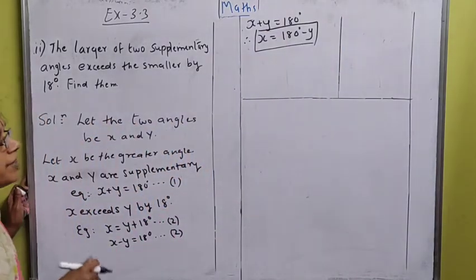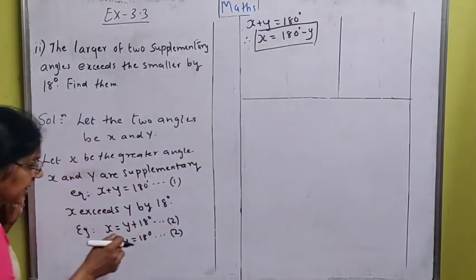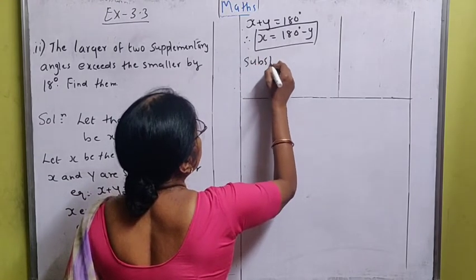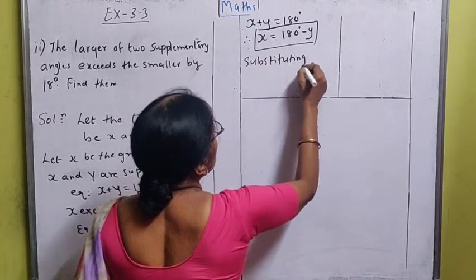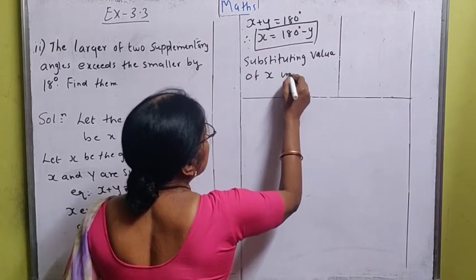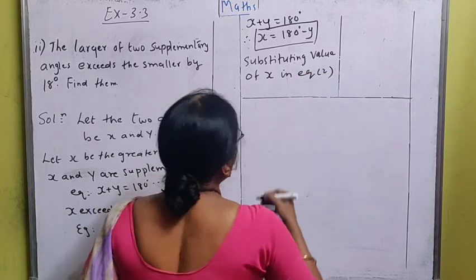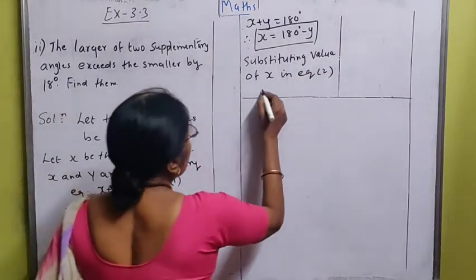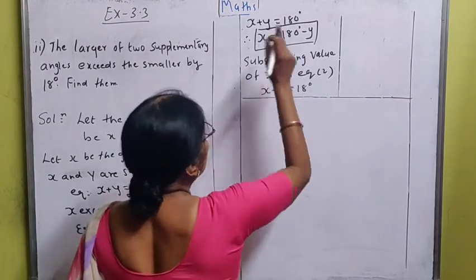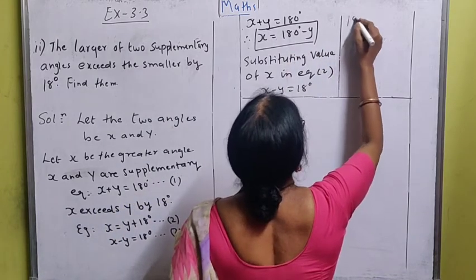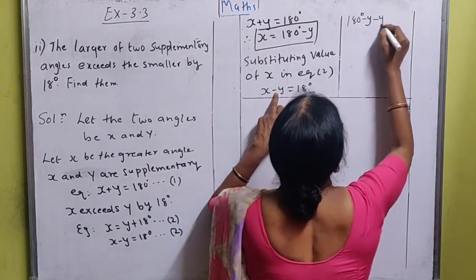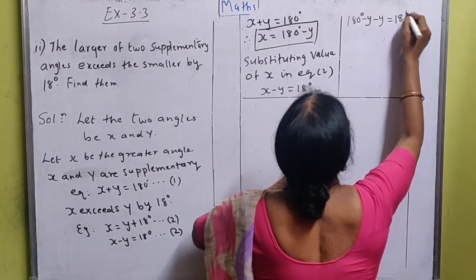Now we are going to substitute this value of x in equation number 2. What is equation 2? x minus y is equal to 18 degrees. So I will substitute the value of x over here: 180 degrees minus y, then minus y is equal to 18 degrees.